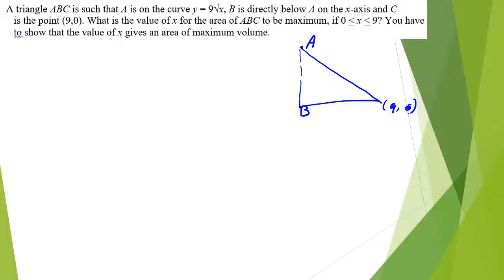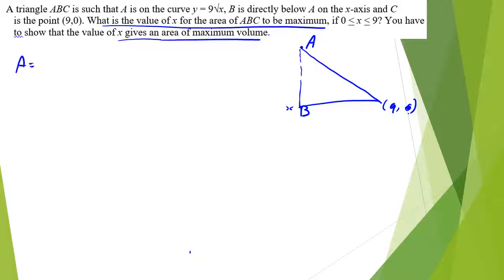This one here is the x value. They want to find the maximum, what's the value of x that gives the maximum area of ABC.